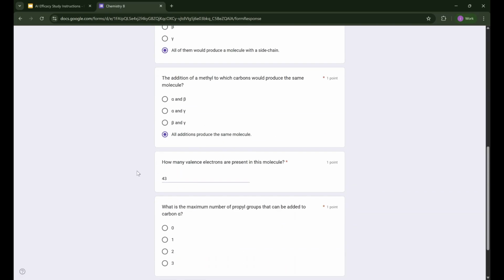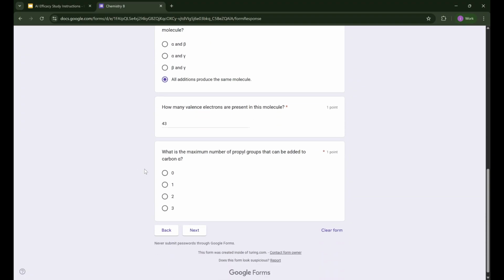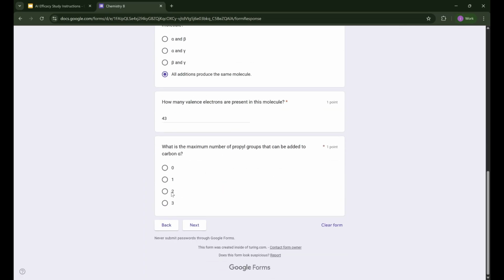That doesn't seem right. I feel like it should be an even number. Propyl groups, I think 2.